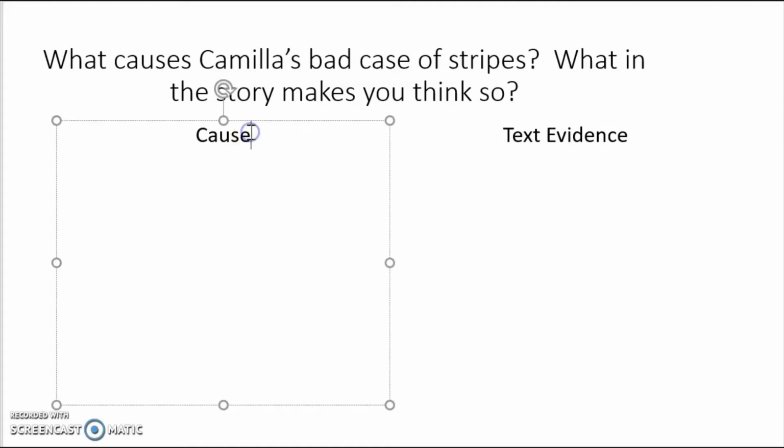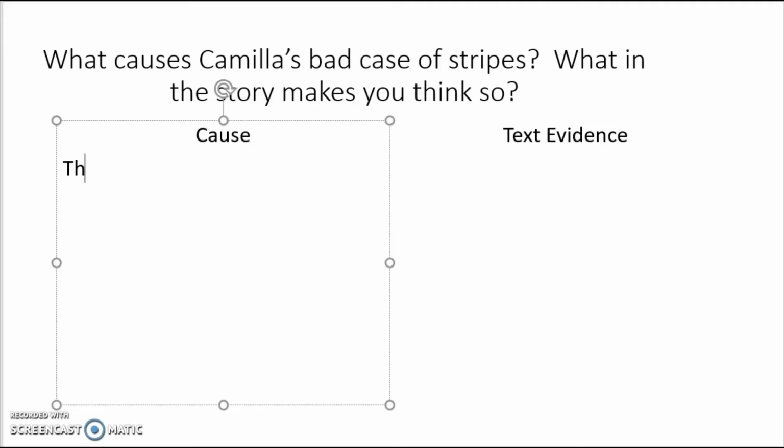Okay, so today, after our read aloud of A Bad Case of the Stripes, we opened up this PowerPoint and we were talking about our character, Camilla, and her experience with this bad case of stripes. I asked the question, what did you think caused these stripes for Camilla, and what makes you think that from the story? The first person I called on was Easton.